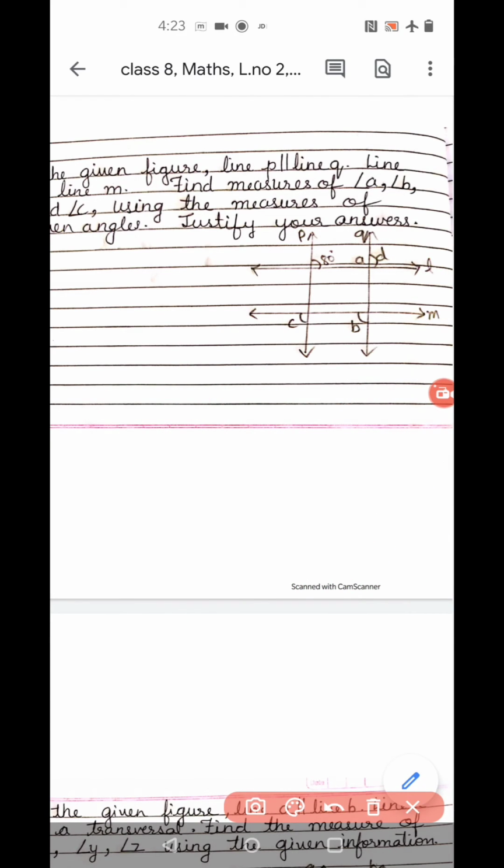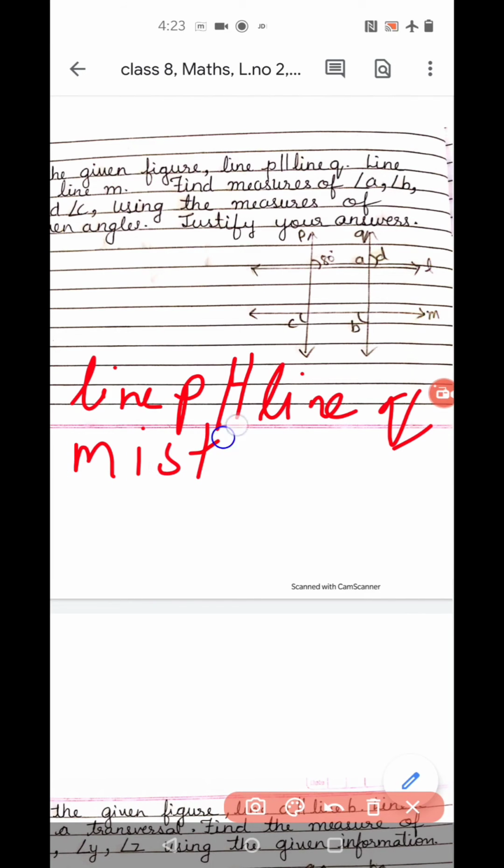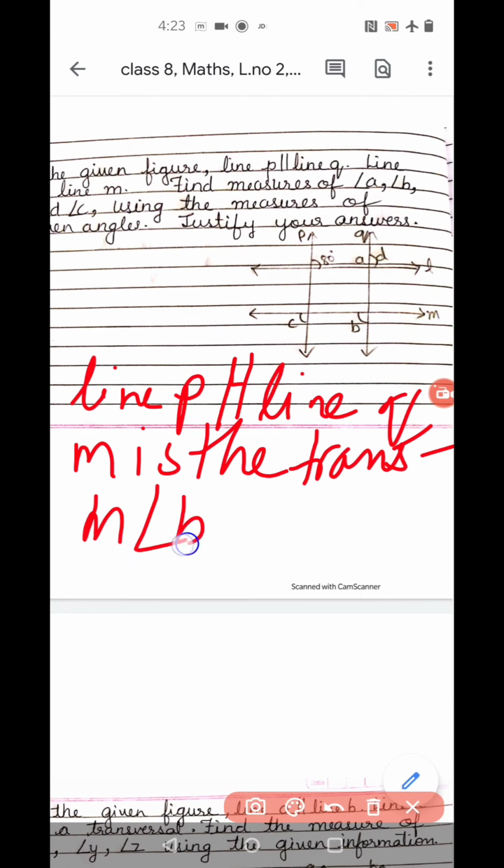Now measure angle C. Here we can see that line P and line Q are parallel lines and M is the transversal. Measure angle B is congruent to measure angle C. Why?